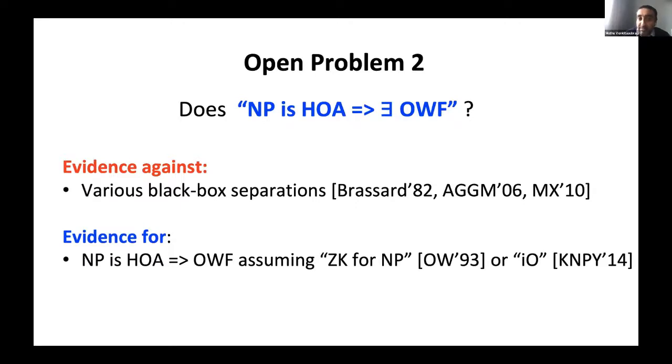It was more about worst case, but here we're asking if average case hardness of NP implies existence of one-way functions. And of course, it's also central to cryptography. And here too, we have evidence for and against. We have black box separations that rule out such implications. And we also know that such implications can be proved, assuming, for example, zero knowledge for NP, like the work of Ostrovsky and Wigderson, or indistinguishability obfuscation, by the work of Komargodski et al. more recently.